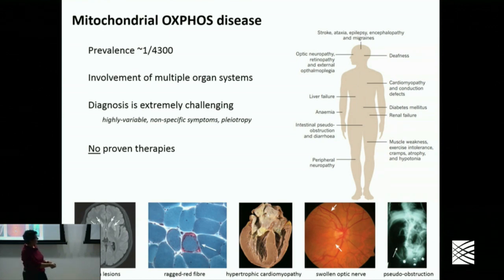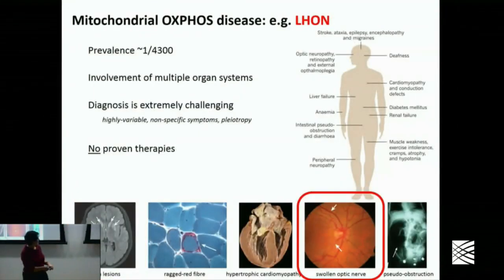And specifically for the retina, there's this disease LHON, Leber's hereditary optic neuropathy. This is a disease caused by a mitochondrial mutation that is very mild compared to other ones. You have healthy young men in their 20s who suddenly have painless blindness, first in one eye and then a couple months later in the other eye, and then they're blind for the rest of their life.